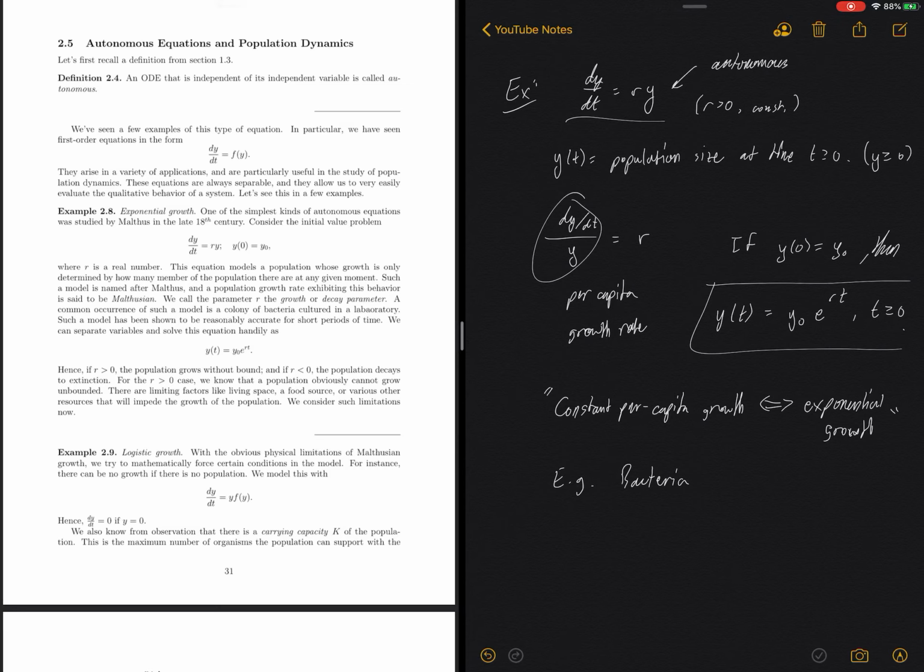But the point is that since every individual is going to reproduce at this same rate, the total rate at which the population is going to grow, the net growth, is proportional to how many bacteria are supplying that growth, which means that these guys are following exactly this Malthusian growth model.